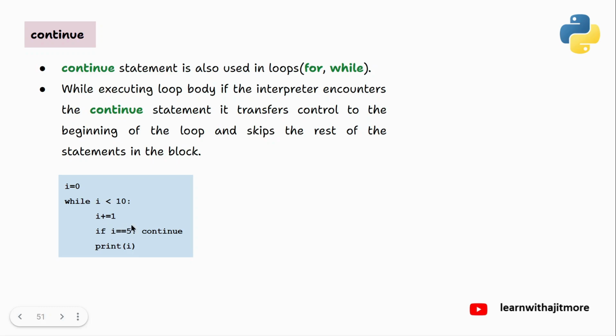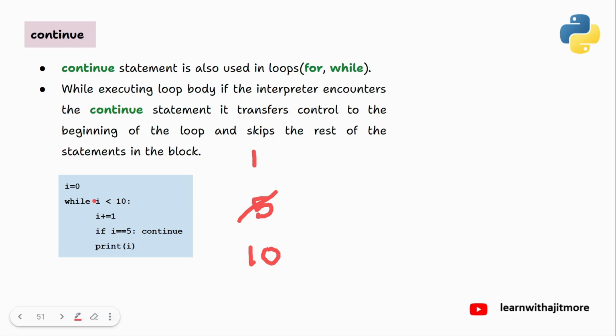So when i is 5, that time the printing work is skipped. Understanding? Only for that value, when i is 5, the printing work is skipped. So is this code going to print from 1 till 10 except 5? Only 5 will not come, everything else will be printed.